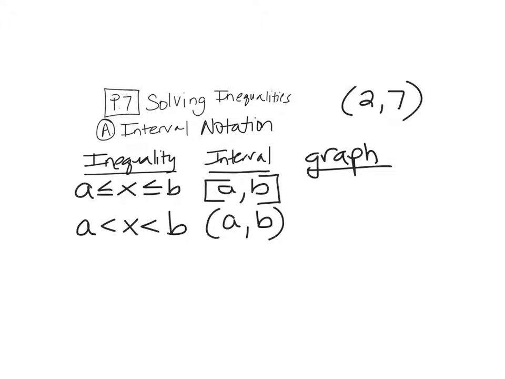When you graph it, in Algebra 2, you used closed circles and open circles. Here, they just put the brackets right on the graph, which is fine. If you want to do closed circles and open circles, I have no problem with that. That's the way it usually is done. But this book seems to do something like that. And then when they do this one, they'll just put the parenthesis right there.